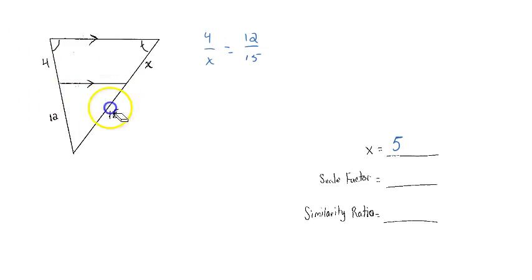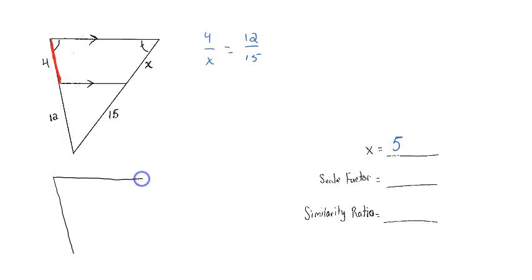Now, finding the similarity ratio and the scale factor, really, really important. It's not 4 and 12. 4 is not the side length of a triangle. 4 is just this part here. So I can't use 4 and 12 to come up with a similarity ratio. It's sometimes helpful to redraw your triangles. You have two of them.